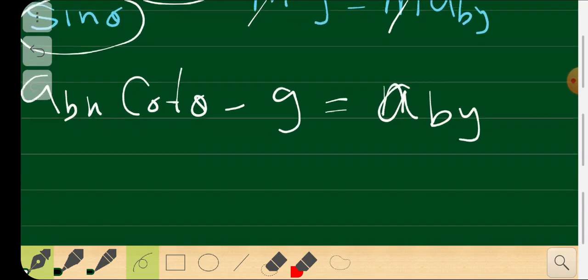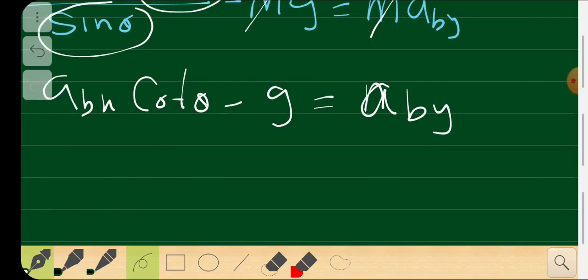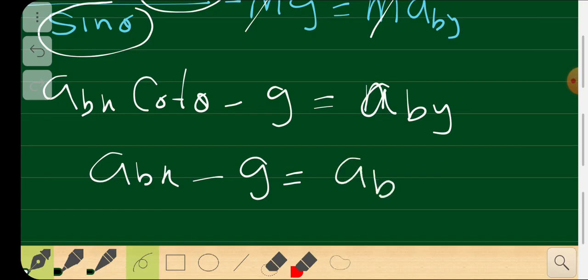Okay, so you can write down the cot theta is 45, so cot 45 is also 1. So abx, in the x cap direction for the box, minus g is equal to a in the y direction. Okay, so you got that, very simple stuff from that.